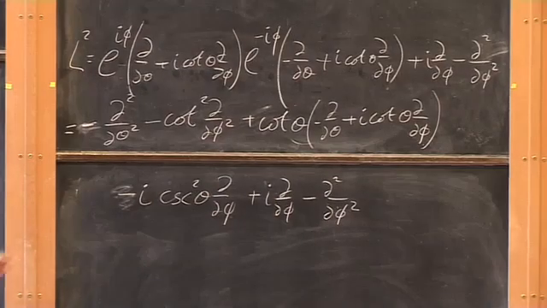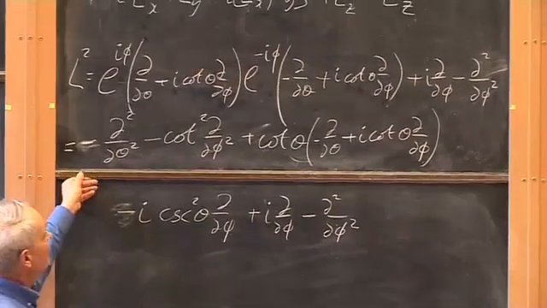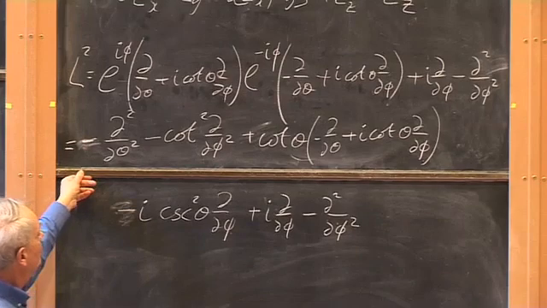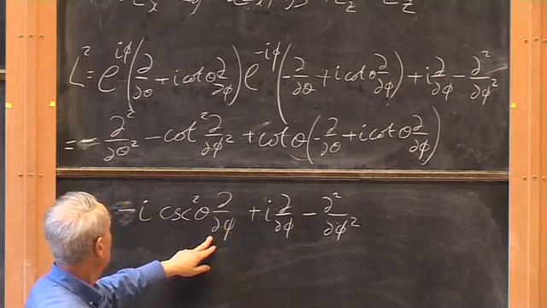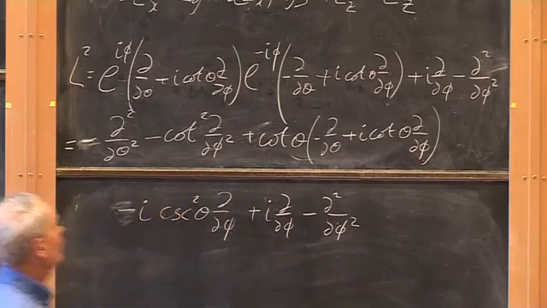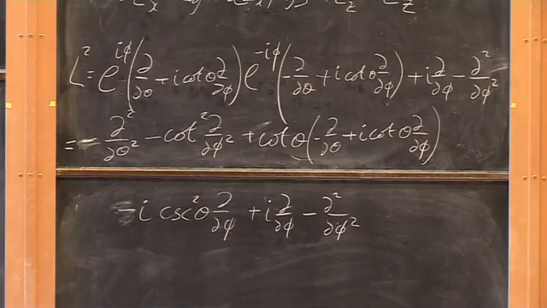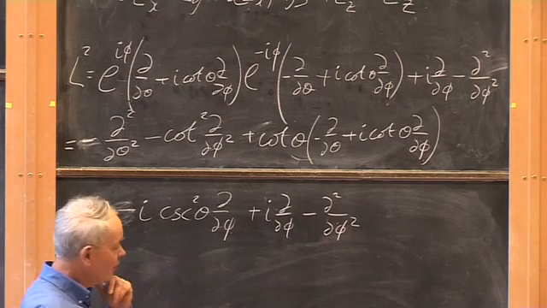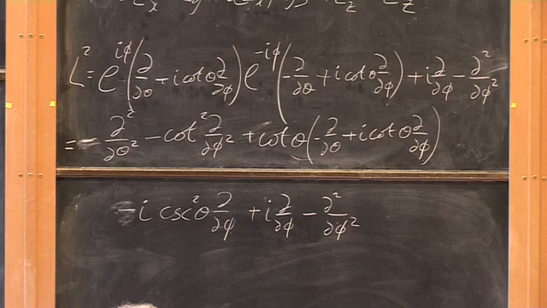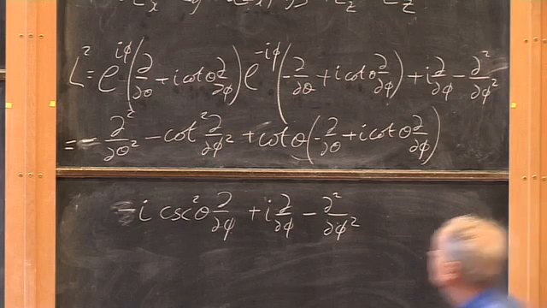Now we need to consolidate our various terms. We have three terms, 1, 2, 3, which are just d by d phi terms, and God be praised, they all add up to nothing, because we have a trig identity: cot squared theta minus cosec squared theta is minus 1.